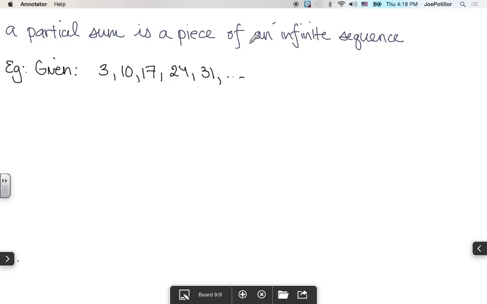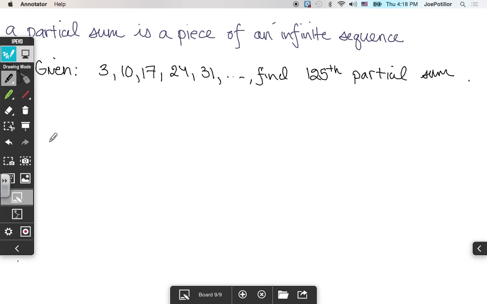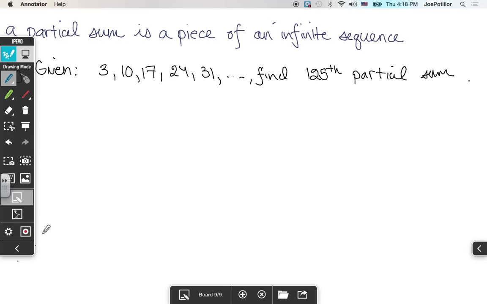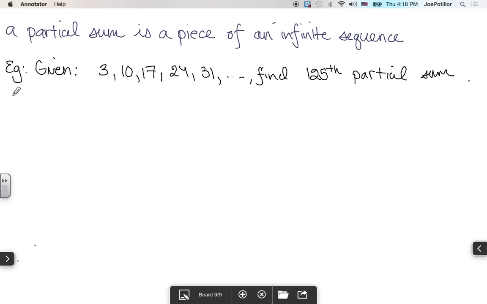Given my infinite sequence, find the 125th partial sum. To find the 125th partial sum, I need to know what the 125th term is, right? We need to find a125.